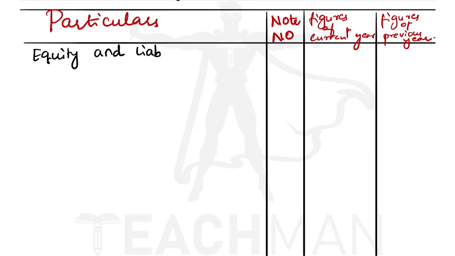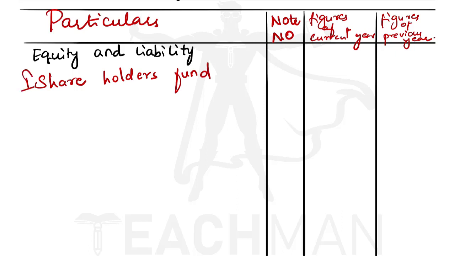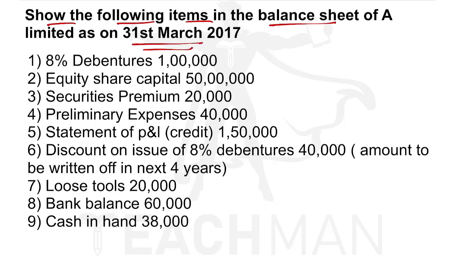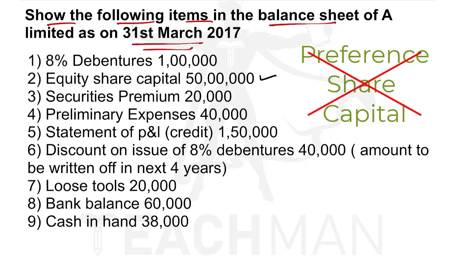So what is the first item? It is shareholders fund. So under shareholders fund, the first item will be share capital. They have given equity share capital and there is no preference share capital, only equity share capital.